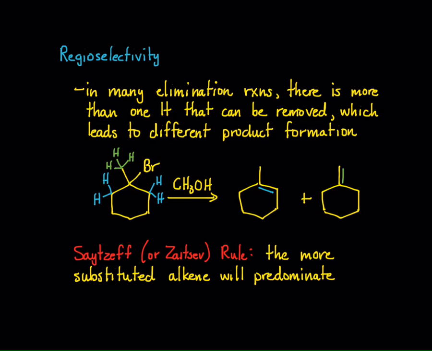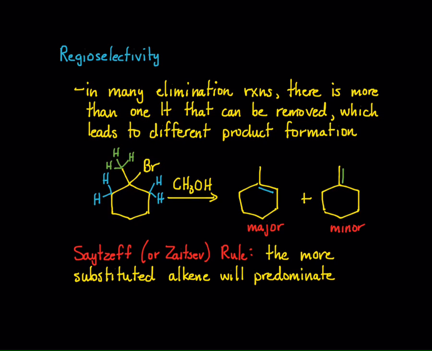If you look at the alkene on the right, the green alkene, you see that it is a di-substituted alkene. And a tri-substituted alkene is more stable than a di-substituted alkene. And so we would expect to see the product distribution giving the major product as the tri-substituted alkene. So that is what we refer to as Zaitsev's rule.